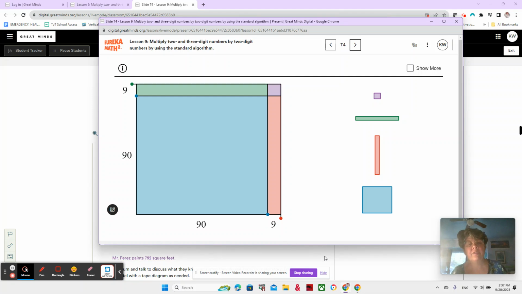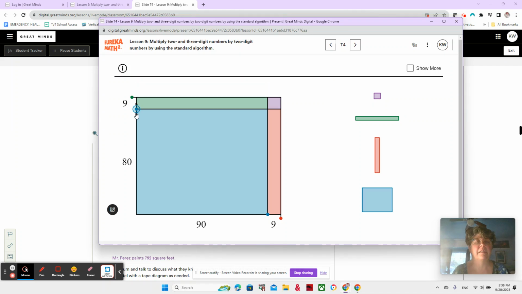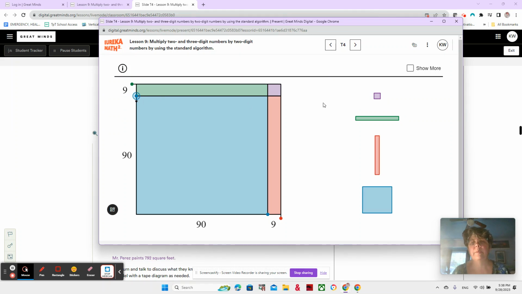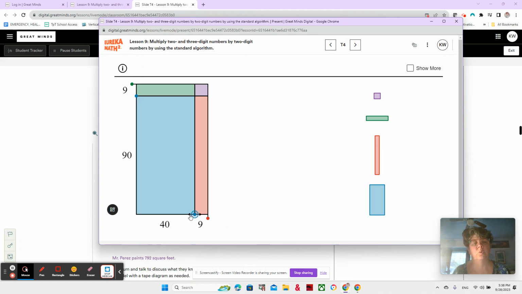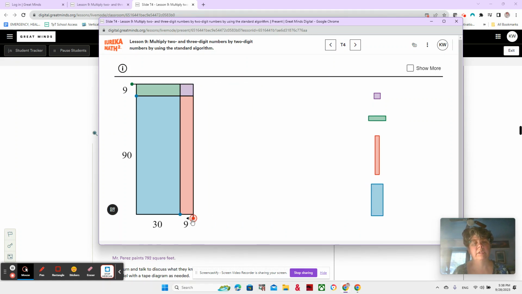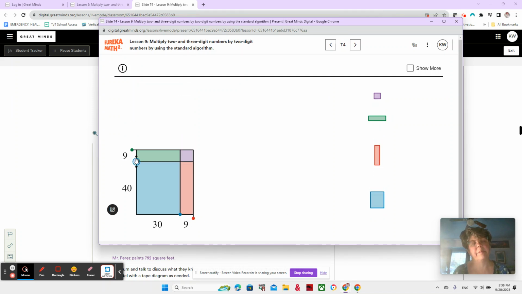Oh, I almost forgot. We have an interactive model here. Let's see what we can do with it. It's the area model.